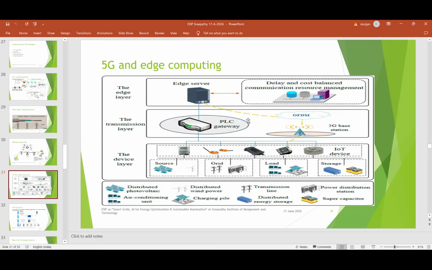Mainly this transmission layer, or the communication, adopts the OFDM modulation system, that is orthogonal frequency division multiplexing. It is used in modern wireless communication systems.